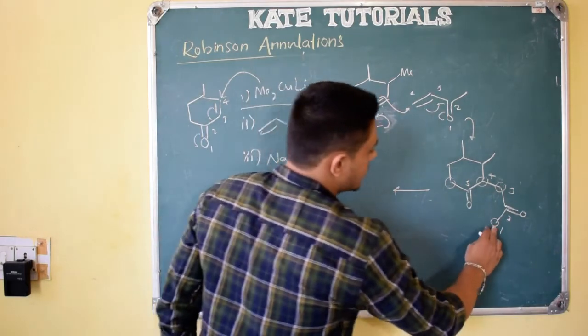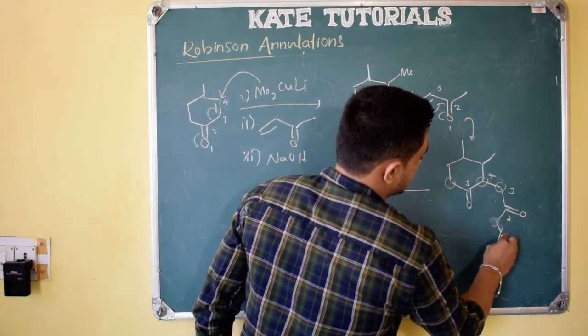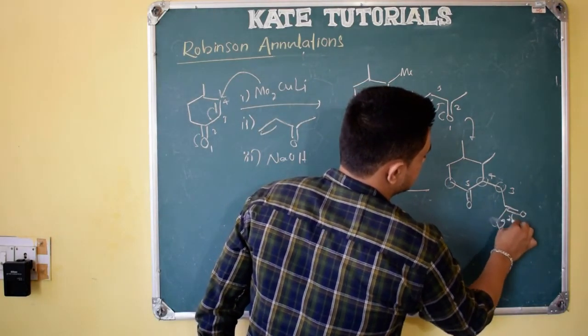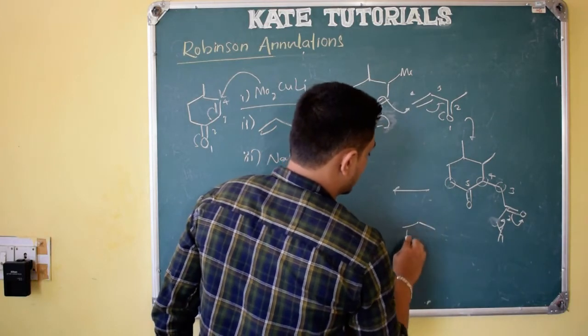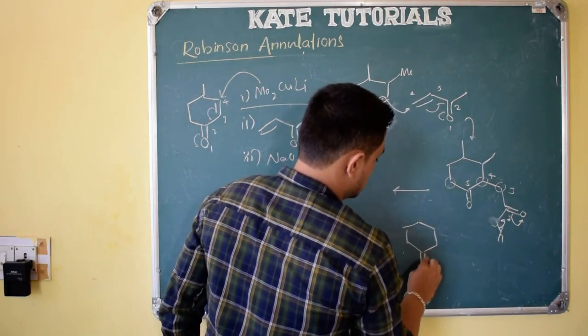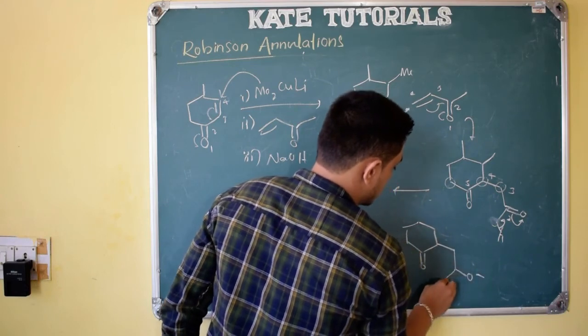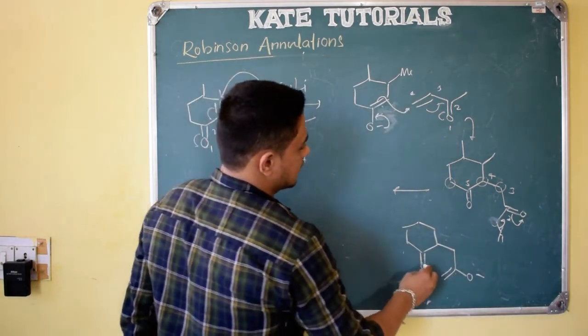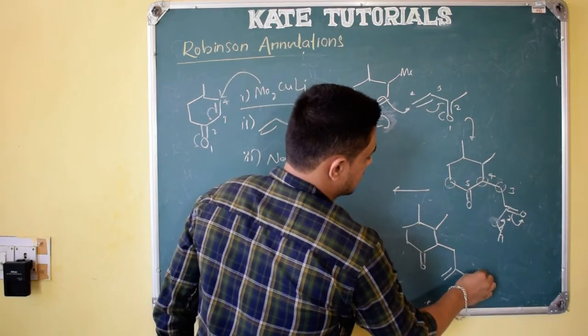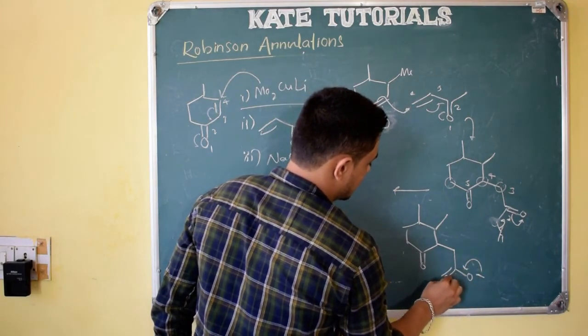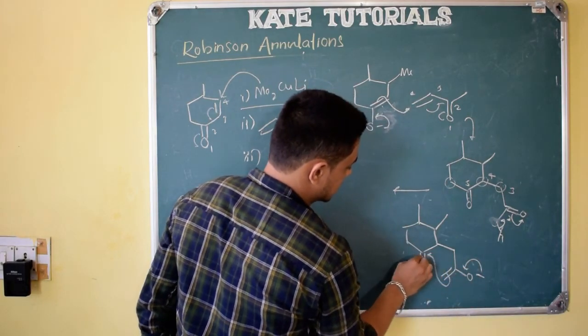So if I remove the proton, what happens, tautomerism like this. Let me draw. O minus, and this is a double bond, right? And here methyl, and this comes here, and from this carbon it will attack this carbon.